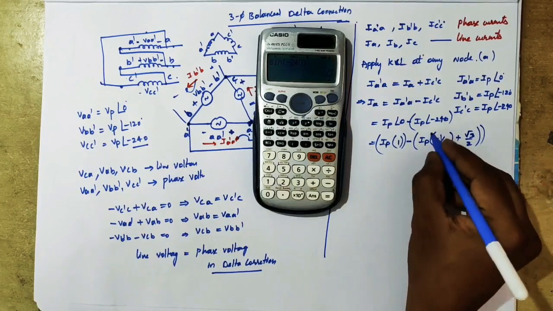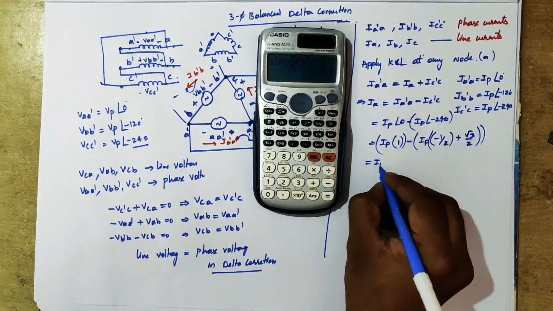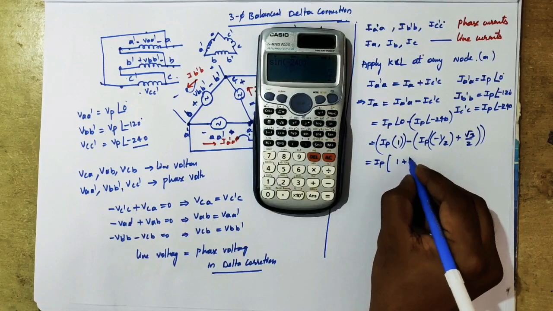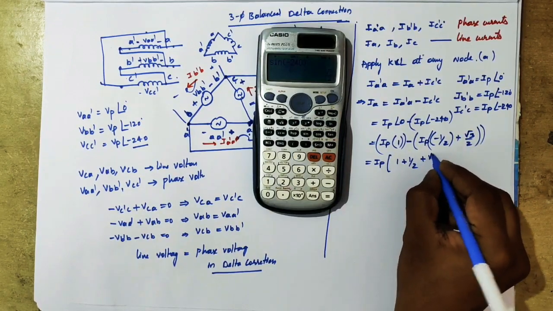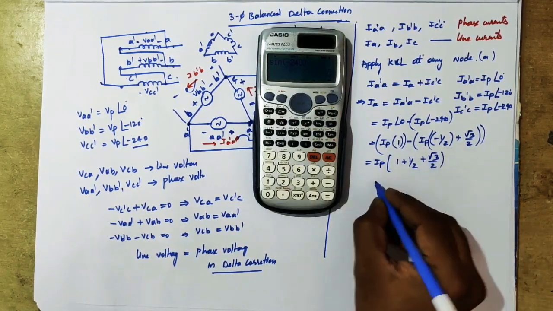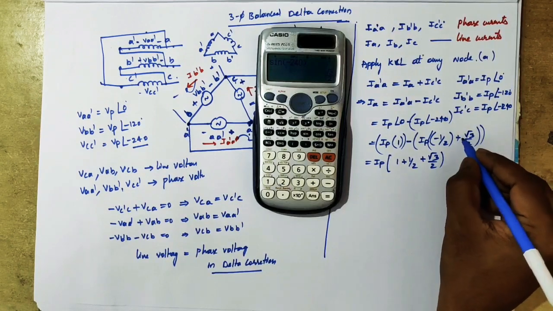Take I phase common here, therefore you will get I phase common, 1 plus 1 by 2 plus root 3 by 2 j.